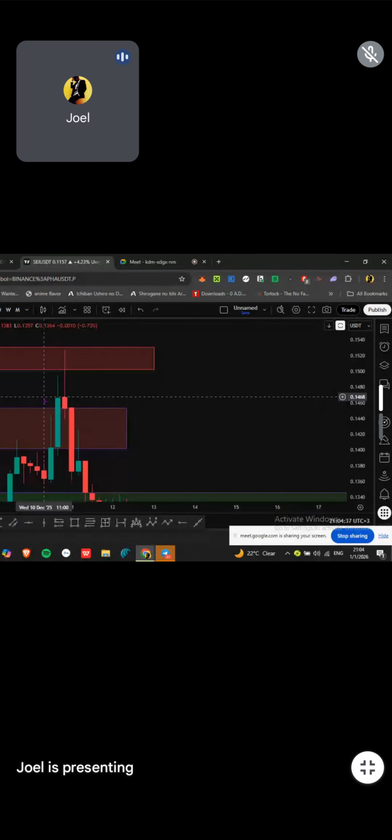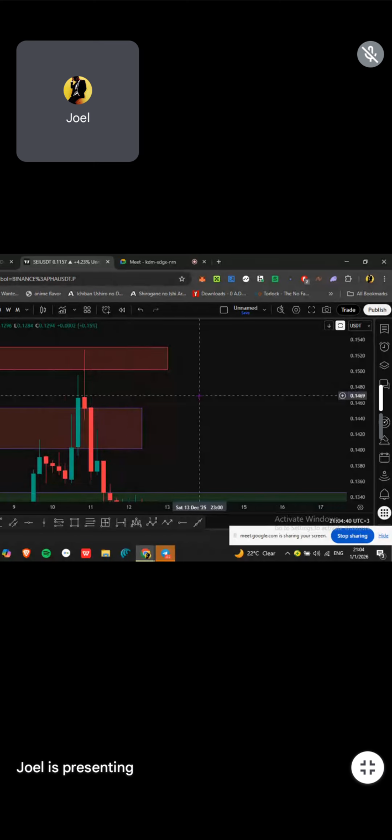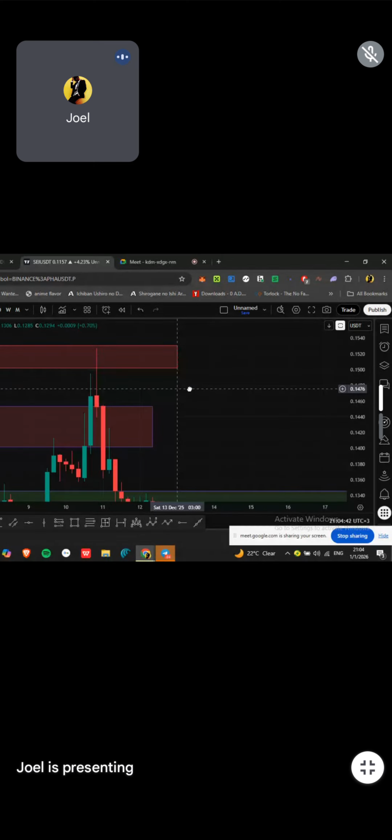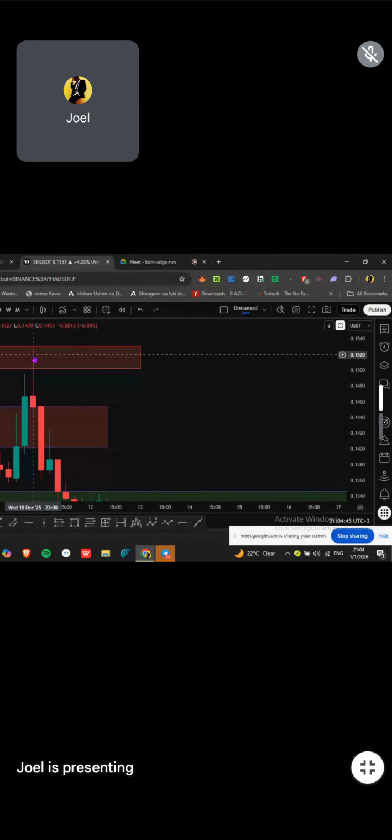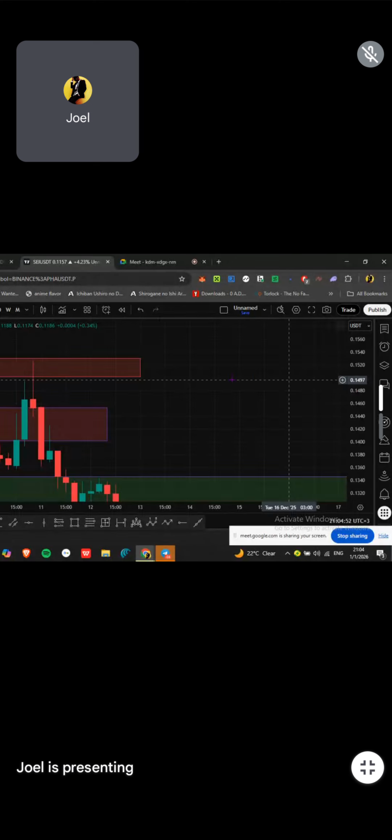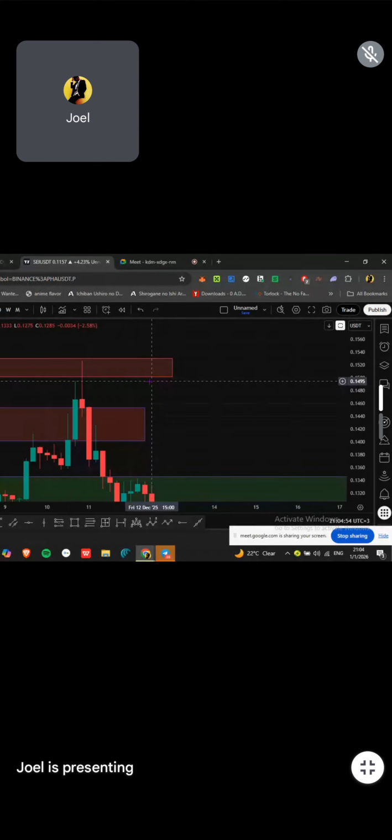Can I call this a shooting star? Am I right to call it a shooting star? This candle here. Gravestone doji. This candle here, it's a shooting star, right?